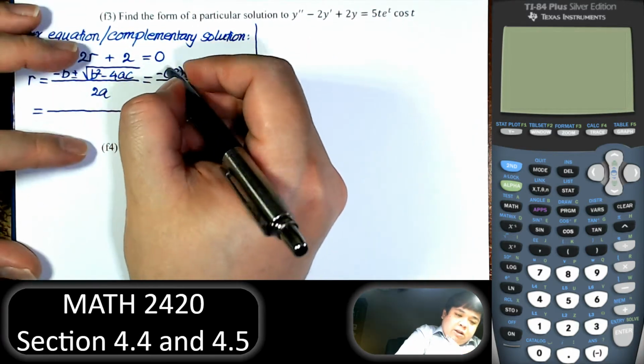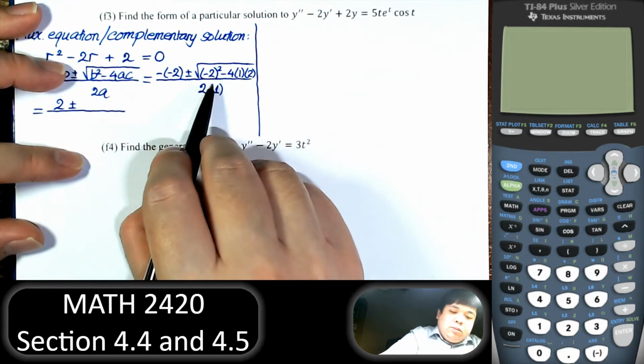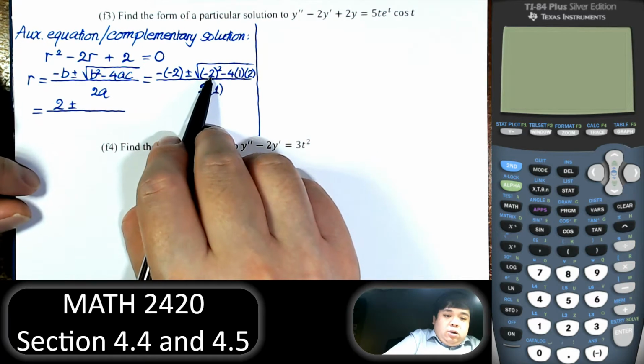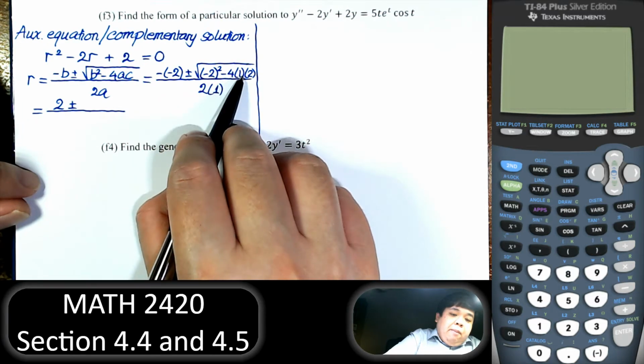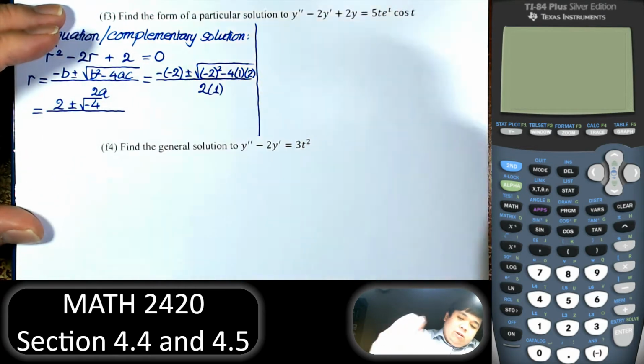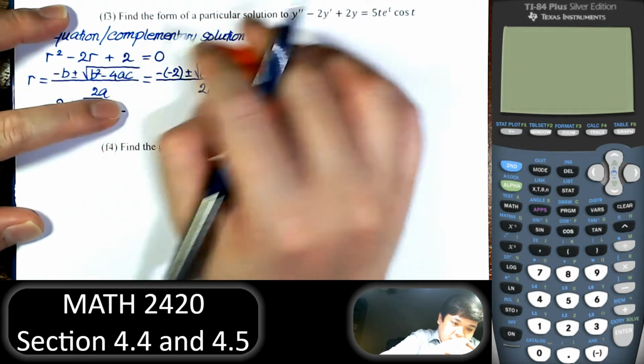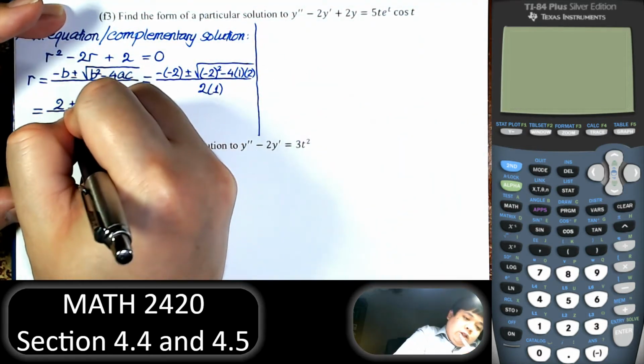So that gives us 2 plus or minus the square root of 4 minus 8, so minus 4, and that is over 2.